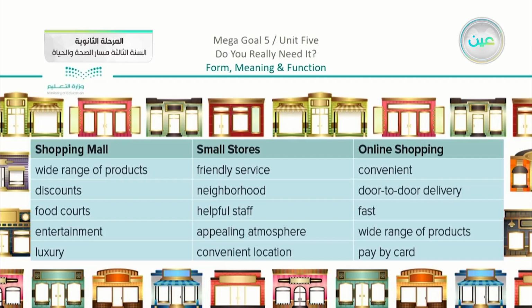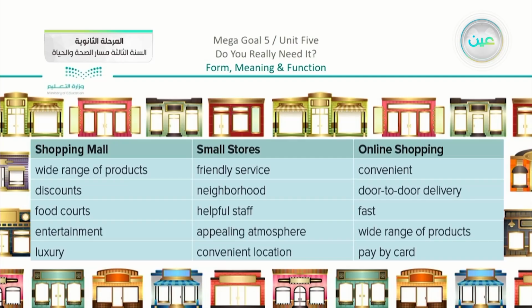Words connected with small stores are friendly service, neighborhood, helpful staff, appealing atmosphere, and convenient location. Words connected with online shopping are convenient, door-to-door delivery, fast, wide range of products, and pay by card.